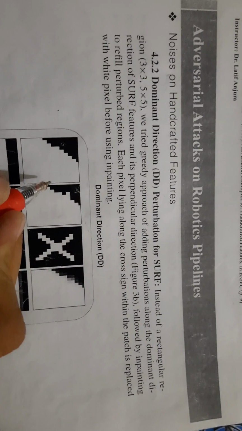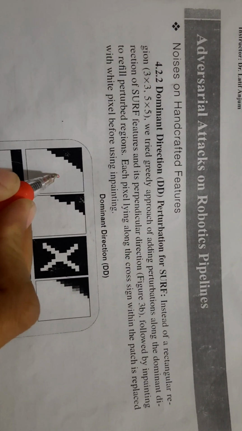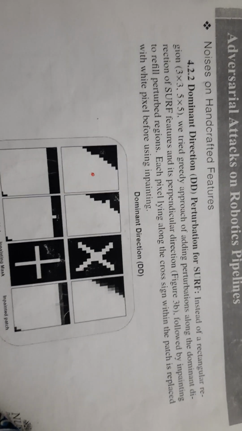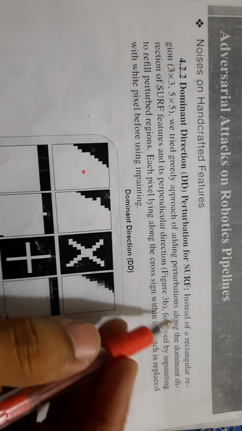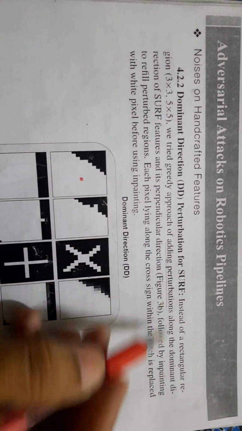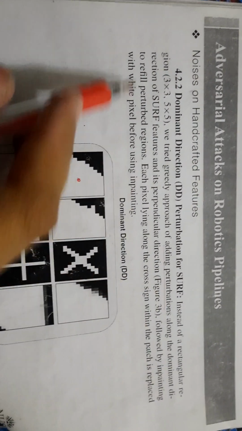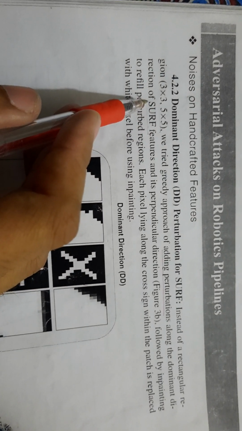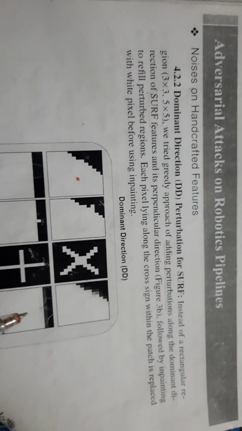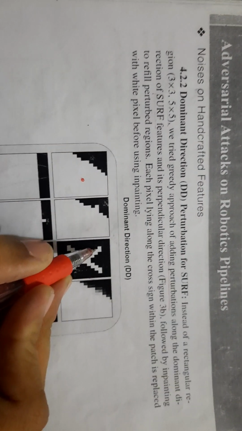Here, if they detect a feature somewhere, they added perturbation along the dominant direction of the SURF. Obviously you know that a SURF feature has direction as well, so they added perturbation.